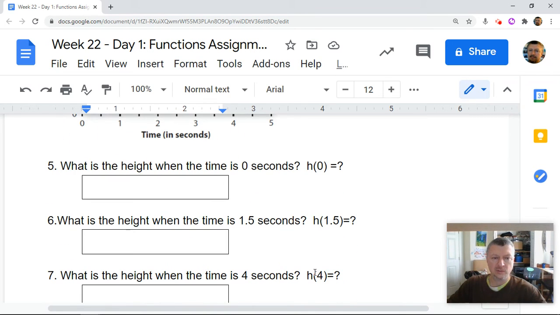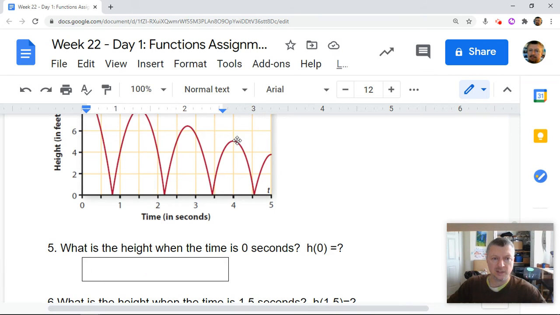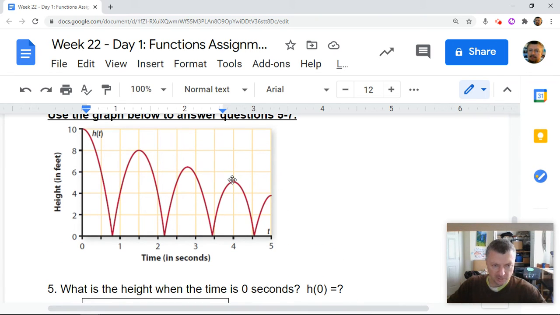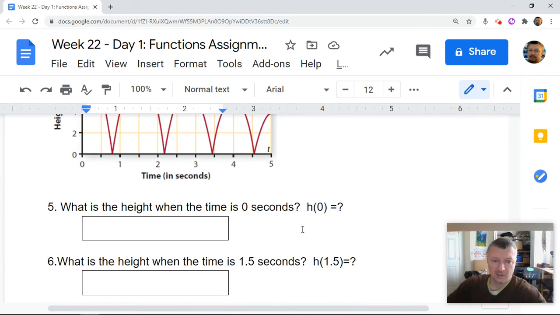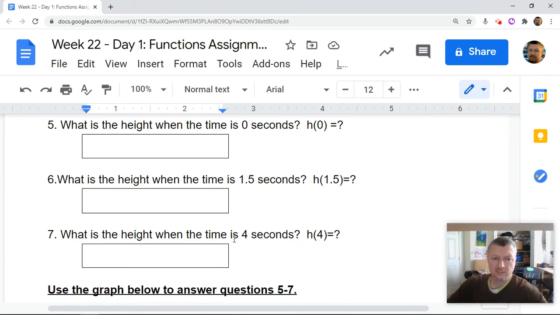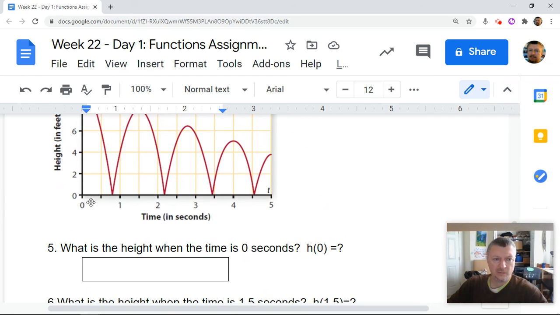And h of 4. So when it's 4 seconds, what's the height? Now, this one, it's in the middle, so you have to kind of guess. I think you can make a real good guess right here, between 4 and 6. So I'll do that one because that's the most challenging one. So on number 7, 4 seconds. So here you go over 4 seconds. And remember, this is like a half a second, and then 1, 1.5, 2.